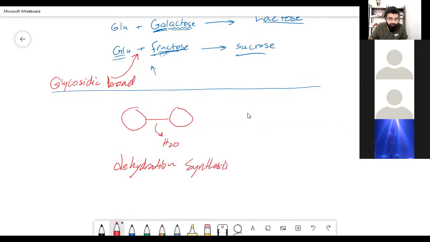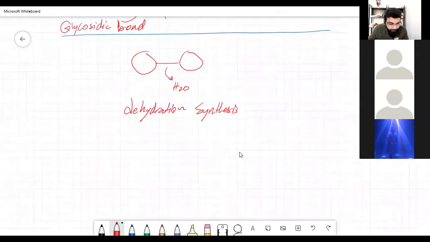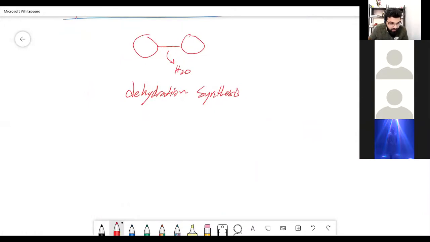That's perfect, guys. Then we move to the polysaccharides, and we said we have two important examples, such as starch and glycogen.